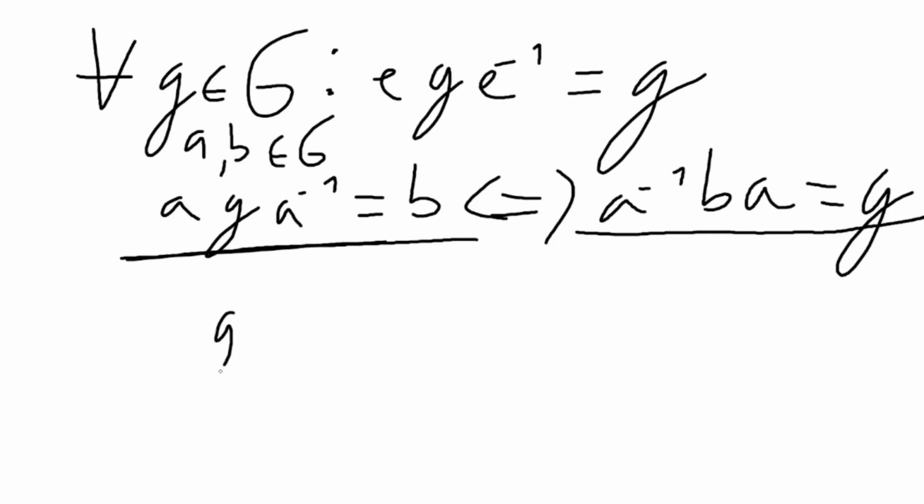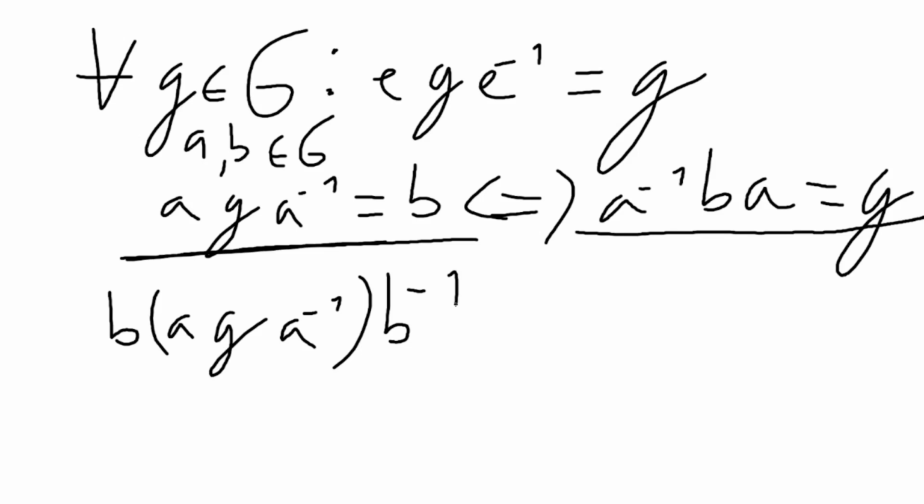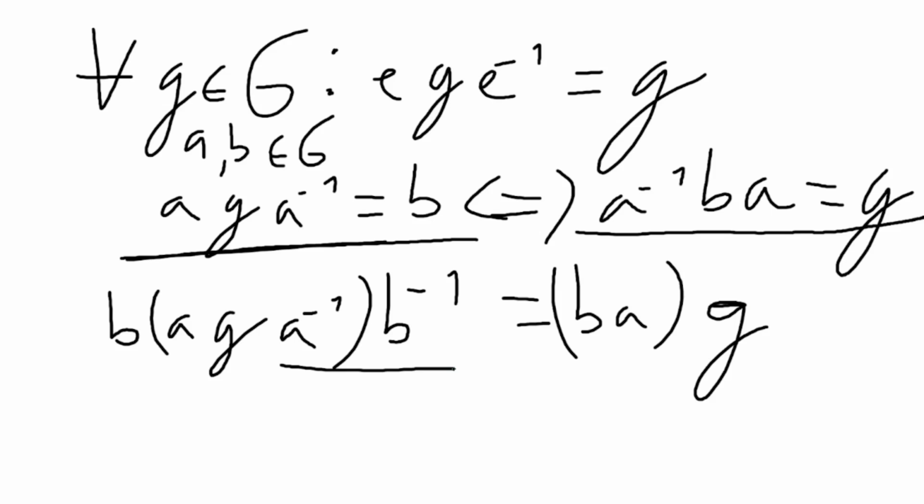If we have G conjugated by some element A in the group, it's also possible to conjugate it by another element, let's say B. That gives B A G and then A inverse B inverse on the right. We can reorganize the parentheses, because as long as we keep the order, we can delete them.